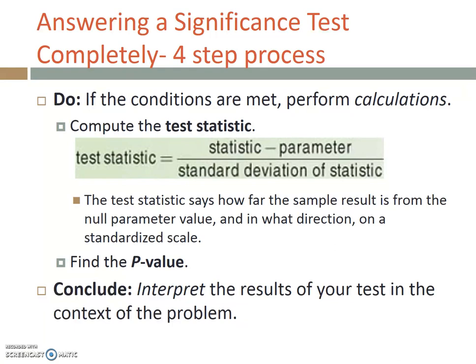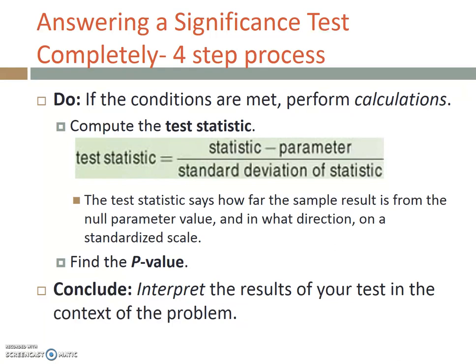And then with that test statistic, a z-statistic for proportions, we're going to find the p-value. We talked all about p-values in the last section. Once you have this, you're going to conclude. So you have to compare your p-value to your alpha, your significance level. Then you say either you're rejecting or failing to reject the null, and then come to some conclusion about the alternative. Make sure you're always using the context of the problem.